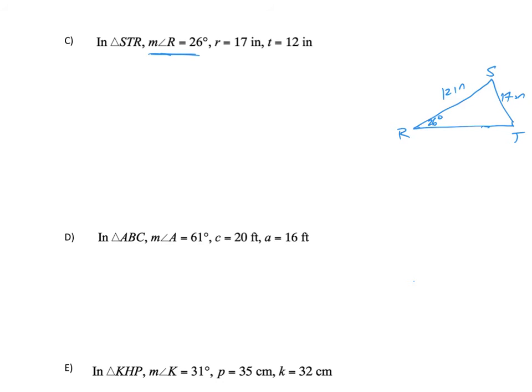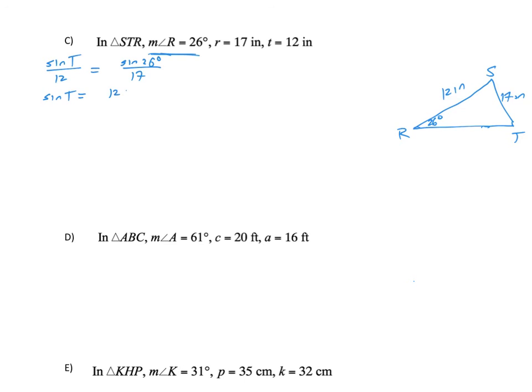So we'll begin by solving for angle T in this case, because we know side length T. We know the side opposite it. So once again, we're going to use sine in the numerator because we're trying to find an angle. So sine of T over side length T, which is 12, is equal to sine of R, which is 26 degrees, over 17, side length R. Multiply both sides of the equation by 12.